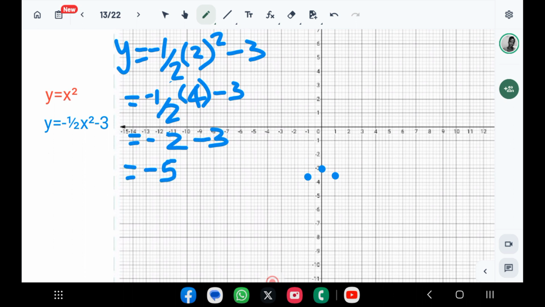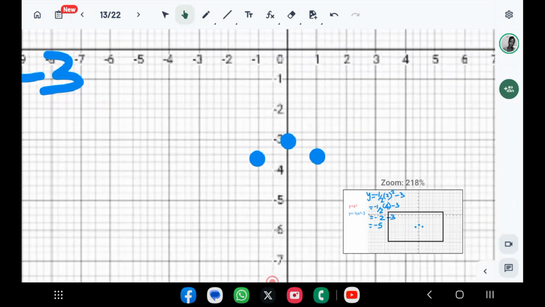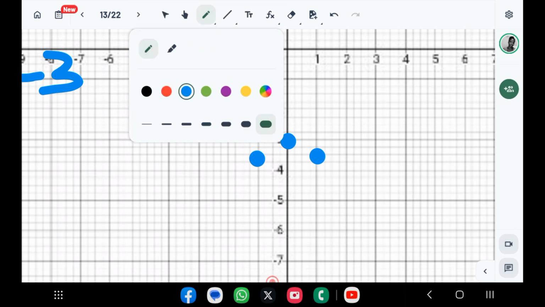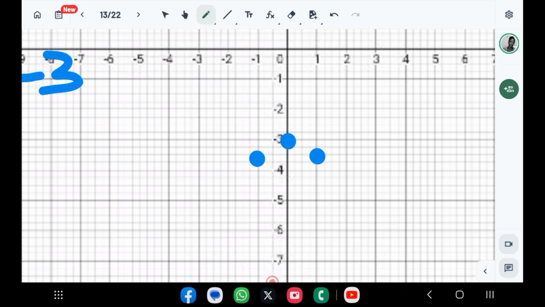So on either side, when x equals 2, y equals negative 5. That's the point right there. On the other side as well, when x equals negative 2, okay, let's fix that point.